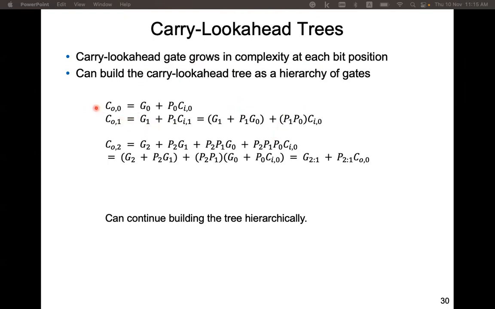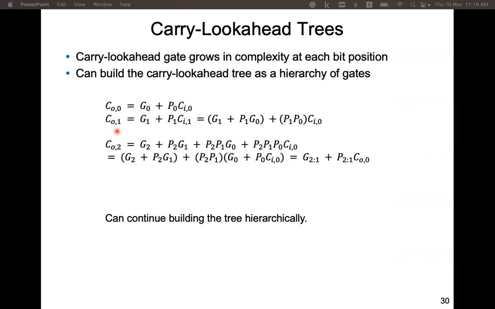So this is the first bit adder: generate plus the product of propagate and carry in. This CI0 means the carry in of bit 0. CO0 means carry out of bit 0. Just this equation there.